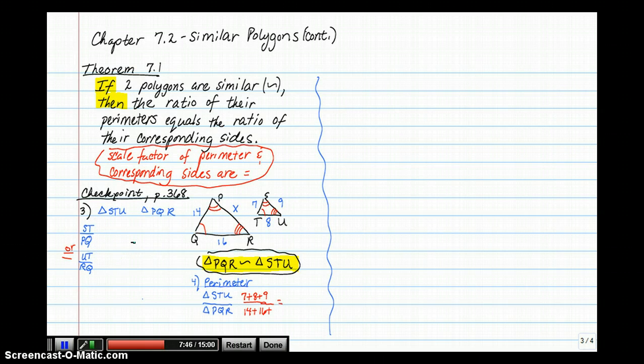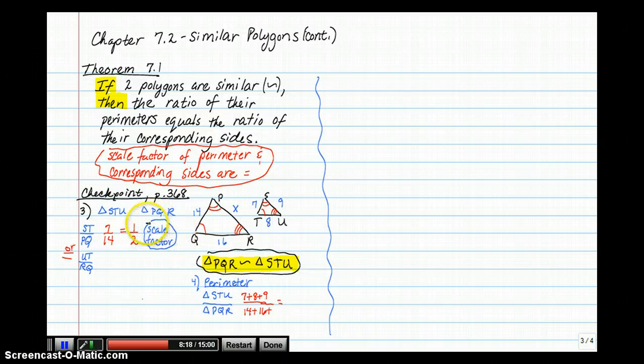Now, we know from the theorem that the ratio of the perimeters will equal the ratio of the corresponding sides. Since we already know they're similar, we don't have to do all of these, so it's going to be one or the other. So I'm going to look first at ST, which is 7, and then I'm going to look at the corresponding side, PQ, which is 14. Then I'm going to simplify it to 1 over 2. So that is the scale factor right there.